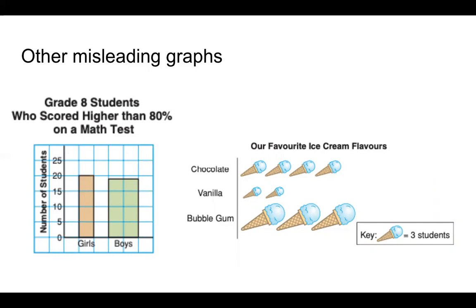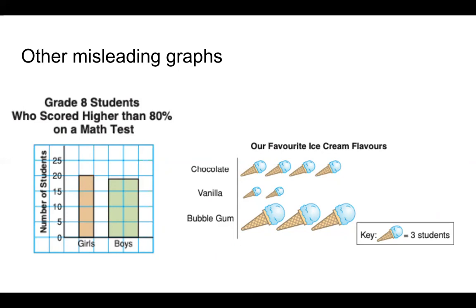So that's one thing that might be deceiving: you look at it and immediately think, there's more to the actual bar, so it must be more significant. Same thing with the ice cream flavors. When we look at bubblegum, it just has a huge ice cream cone, but the bigger cone doesn't mean more students.